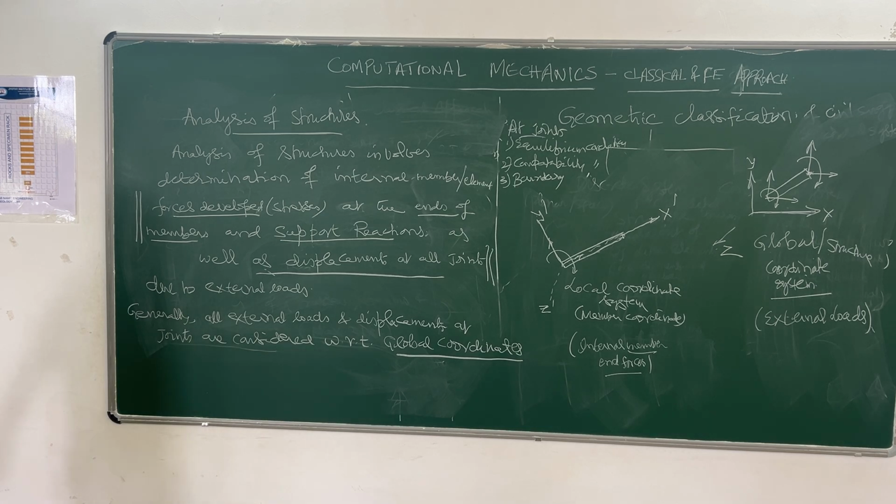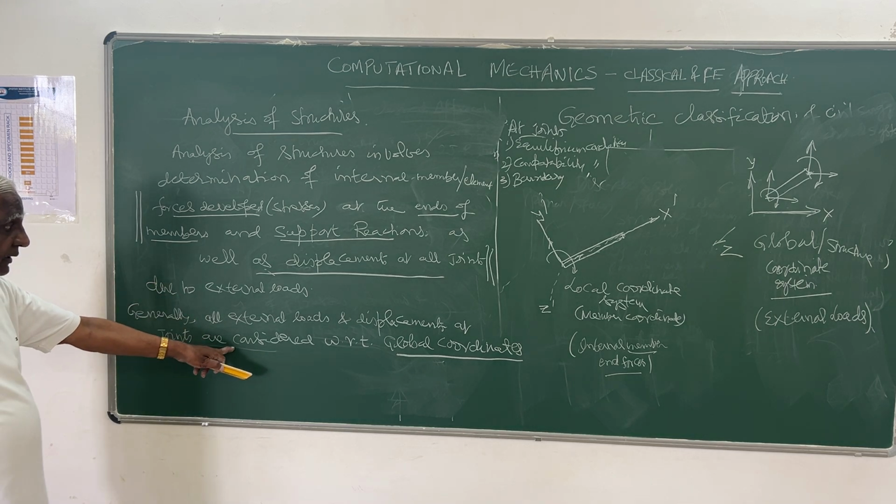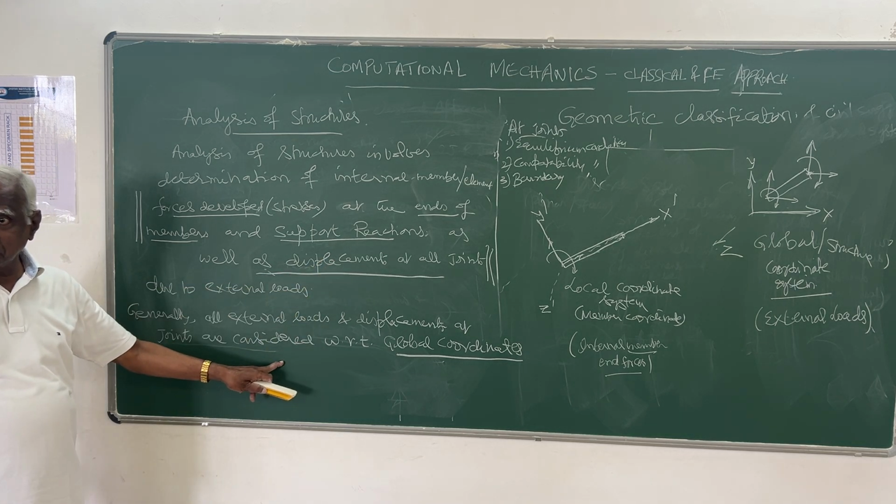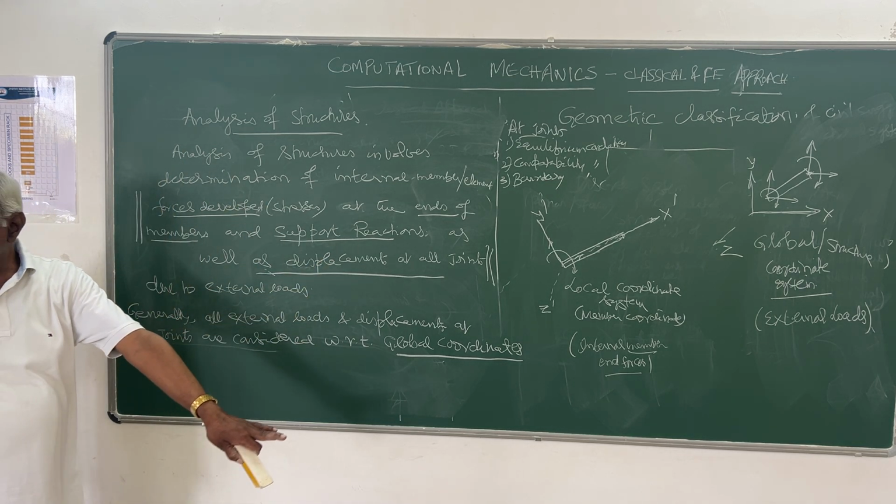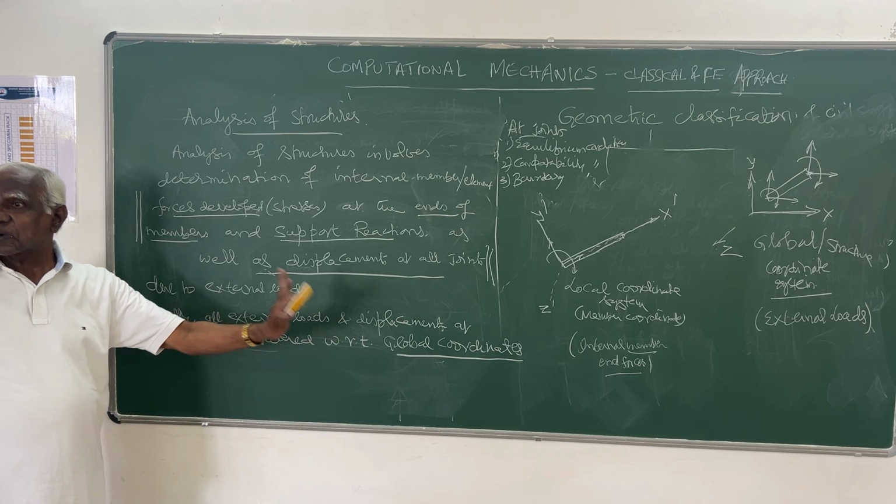All external loads are always with respect to global. And for displacement, if there is a settlement of support, it has to be given again in the global direction. Temperature again has to be in the global direction. So, in general, all displacements as well as external loads are in the global direction.